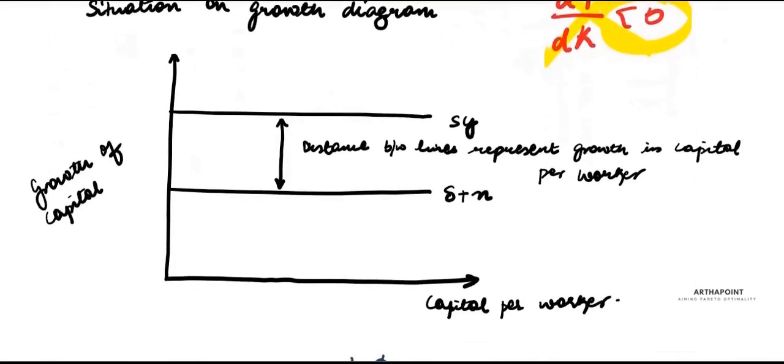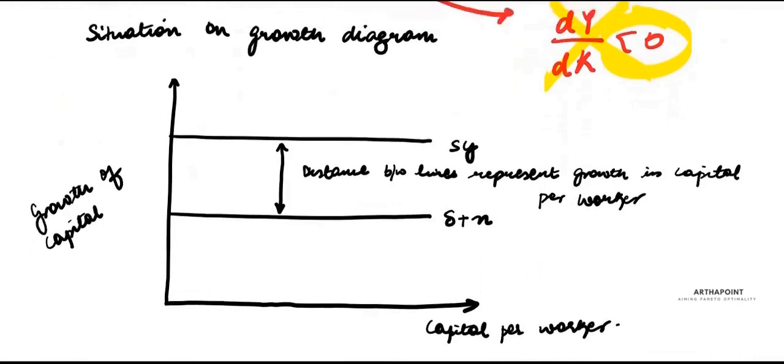Now, let's consider this in the growth diagram also. You can consider that supposedly the population is also growing. S into Y is the investment. This is delta plus N, which is the depreciation of the capital. And the distance between these two represents the growth in capital per worker.